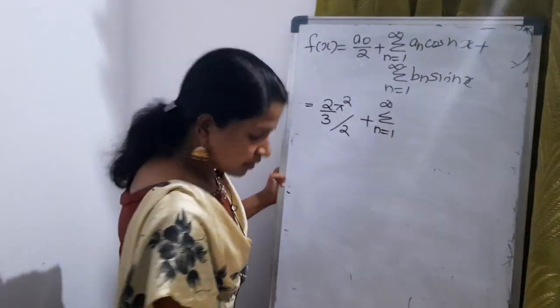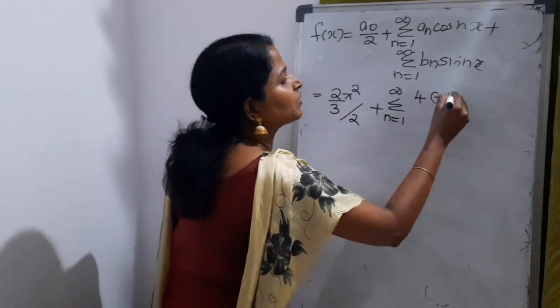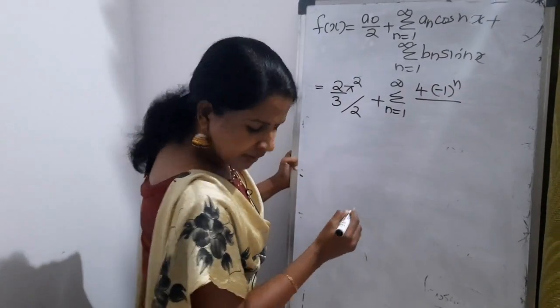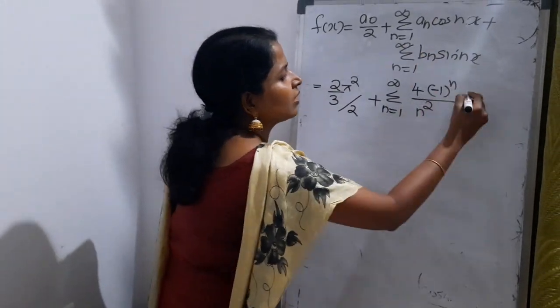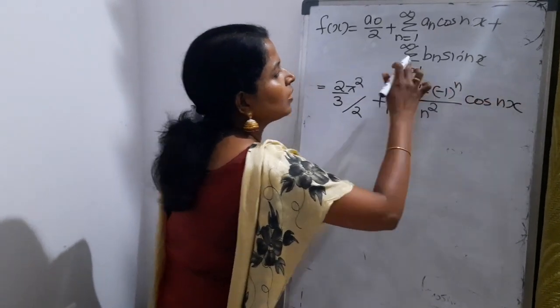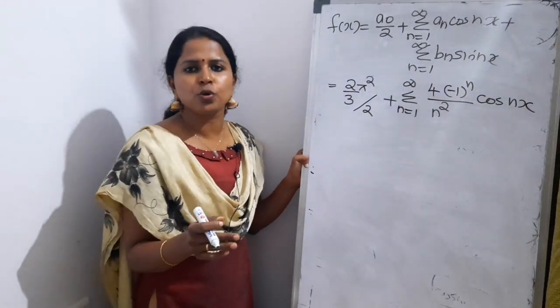What is an? 4 into minus 1 raised to n by n square. This is an cos nx plus bn equal to 0.